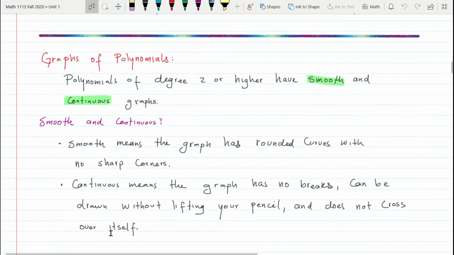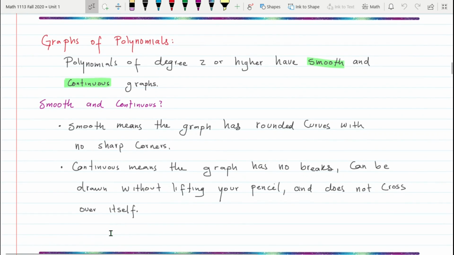Next, we're going to talk about the graphs of polynomials. So polynomials of degree 2 or higher are going to have a smooth and continuous graph. So what is smooth and continuous?